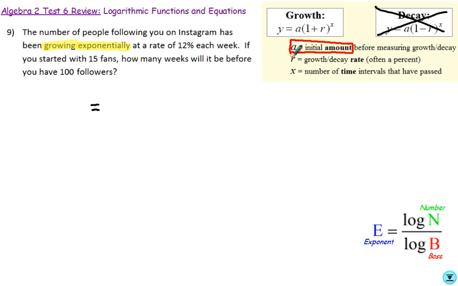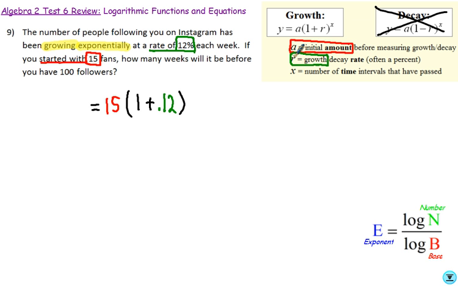If you started, oh, there's that word started, with 15, that would be our A. And then it says 1 plus the rate, which in this case is r. And what is the rate? Oh, a rate of 12%. Remember, we put this into a decimal, so 12%, think money, 12% would be 12 cents, 0.12, and that's our growth rate.